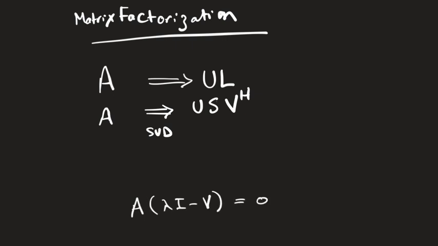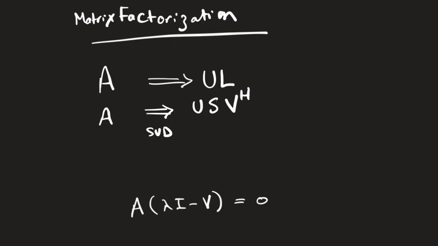Equals 0, right? So you can find a set of parameters, lambdas, called the eigenvalues, and corresponding to each one of them something called an eigenvector, right? And then the result of multiplying lambda I minus V with the matrix A is equal to 0, right?